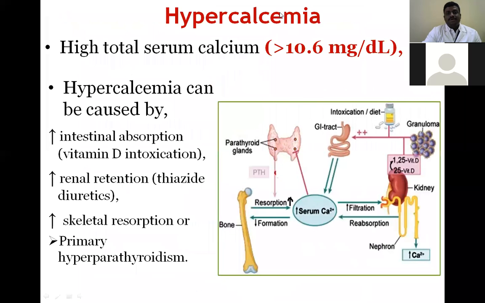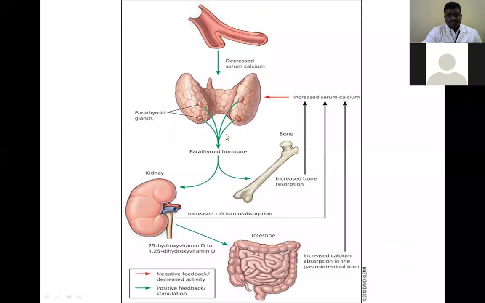Next one is hypercalcemia. In the same image you can see that when the parathyroid gland releases more parathyroid hormone, it causes more reabsorption and resorption of calcium.